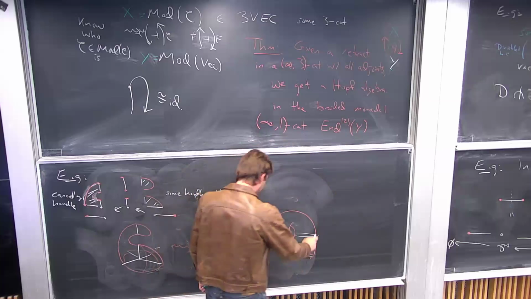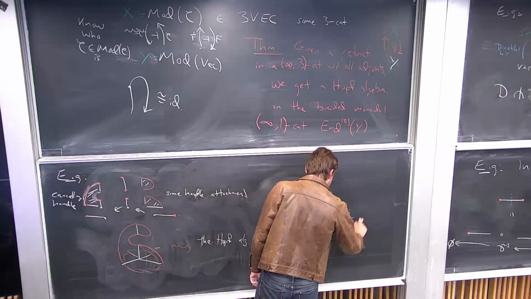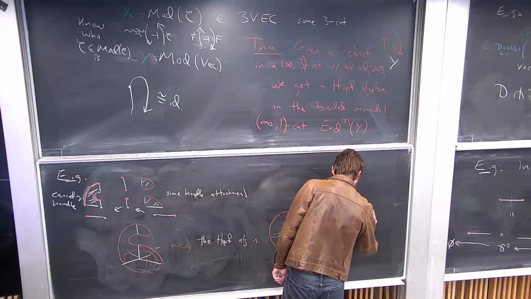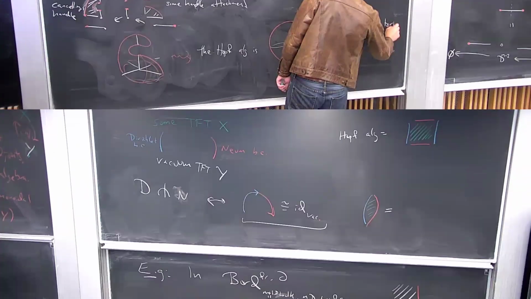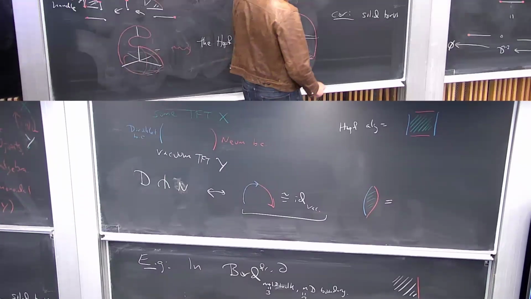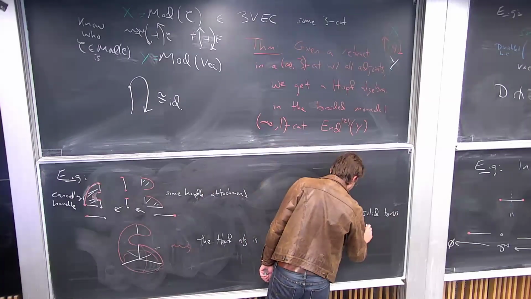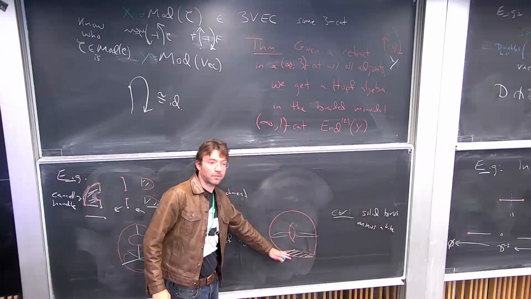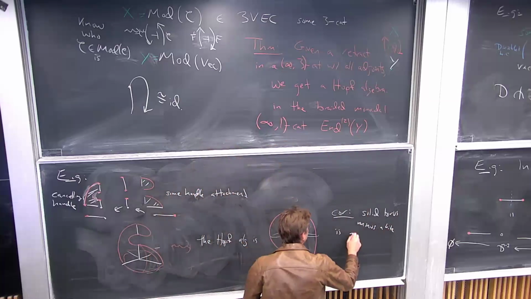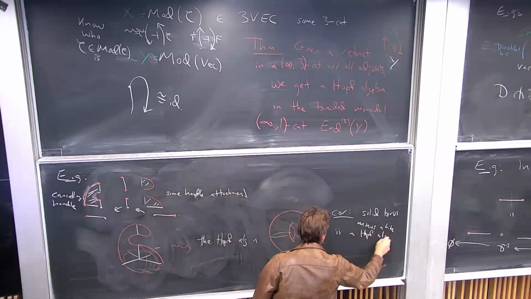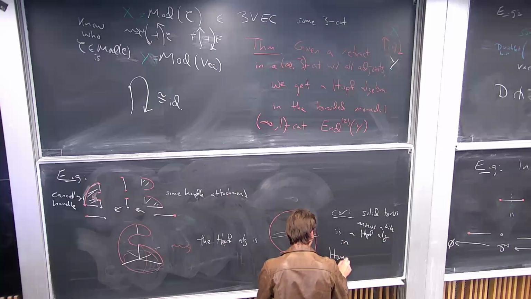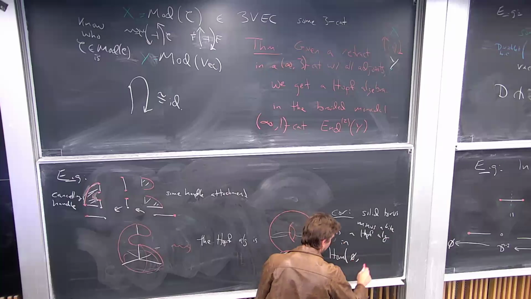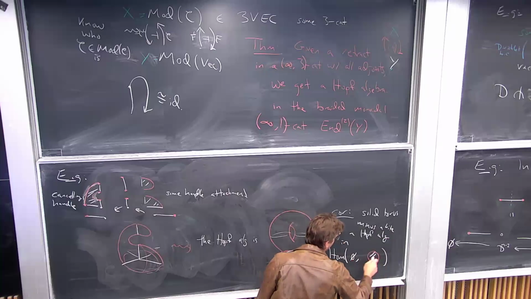And this corollary of our theorem is that a solid torus minus a ball taken out of one side gives a bordism from the empty set to this disk, the Hopf algebra. From the empty set to the disk, now I guess the n disk.